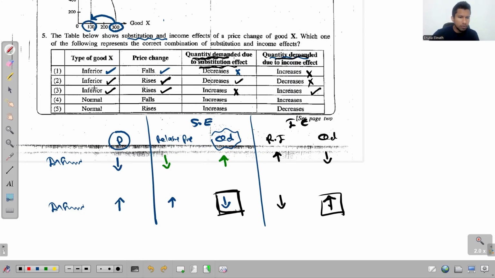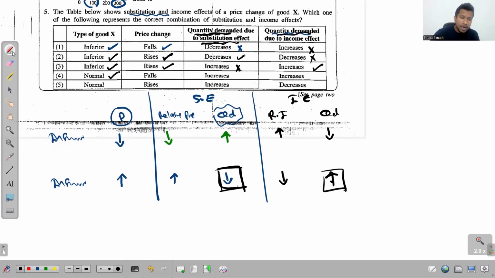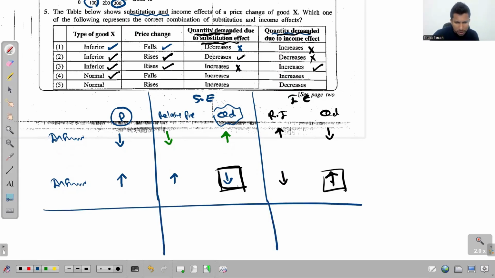Right. Look at the fourth one, type of the good. So this is a normal good. It doesn't matter whether the good is inferior or normal, the substitution effect works in the same way. Now, this is the discussion related to inferior goods, and let me write here normal goods.